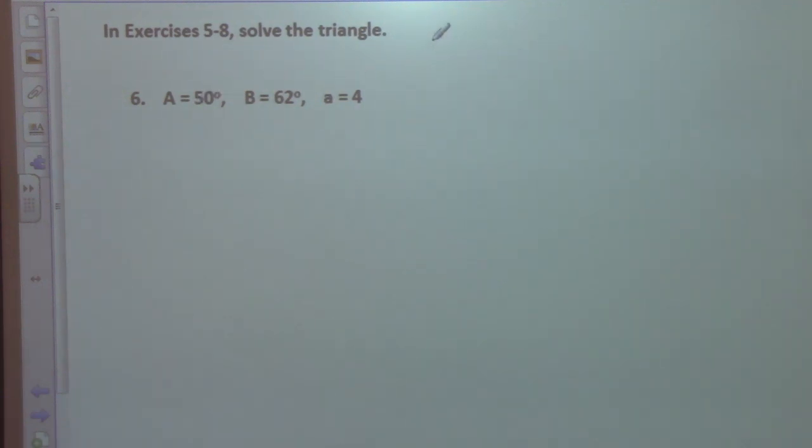Okay, basically what you're doing is you're taking angle C is equal to 180 minus these two, which is 68. So big C equals 68 degrees.